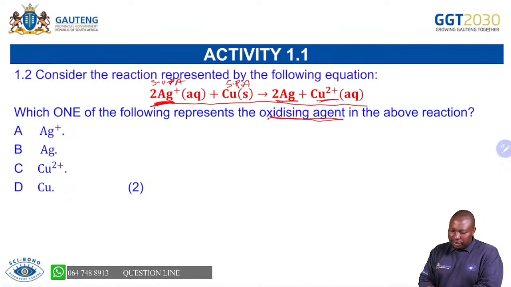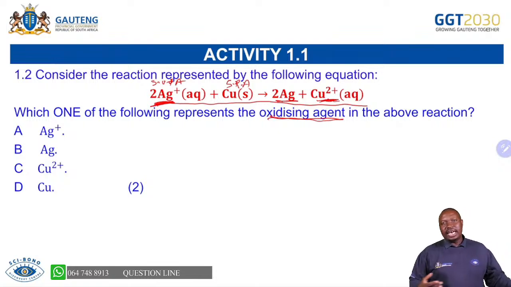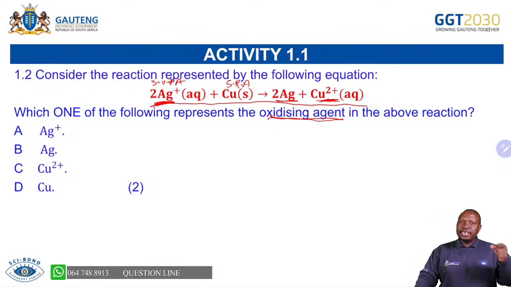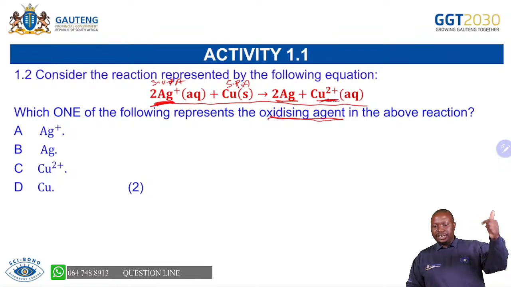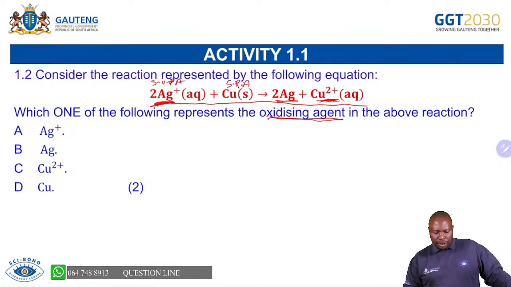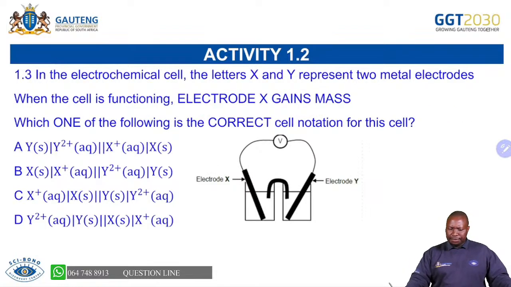Don't make a mistake of saying it's Cu2+. Cu2+ is an oxidizing agent, but it's not as strong. The stronger ones are always on the reactant side. So always in the overall cell reaction, you are having on the reactants the stronger oxidizing agent and the stronger reducing agent. That must help you as you deal with this type of question.